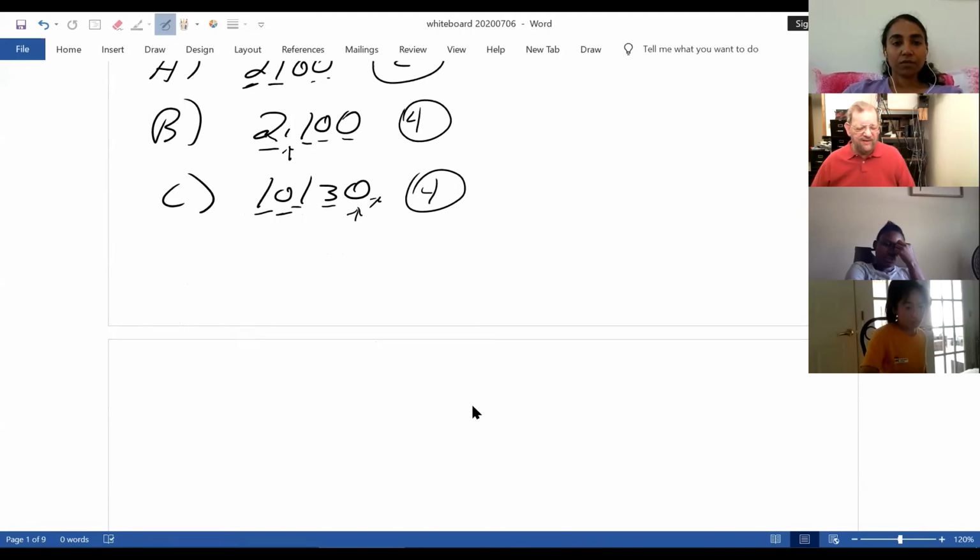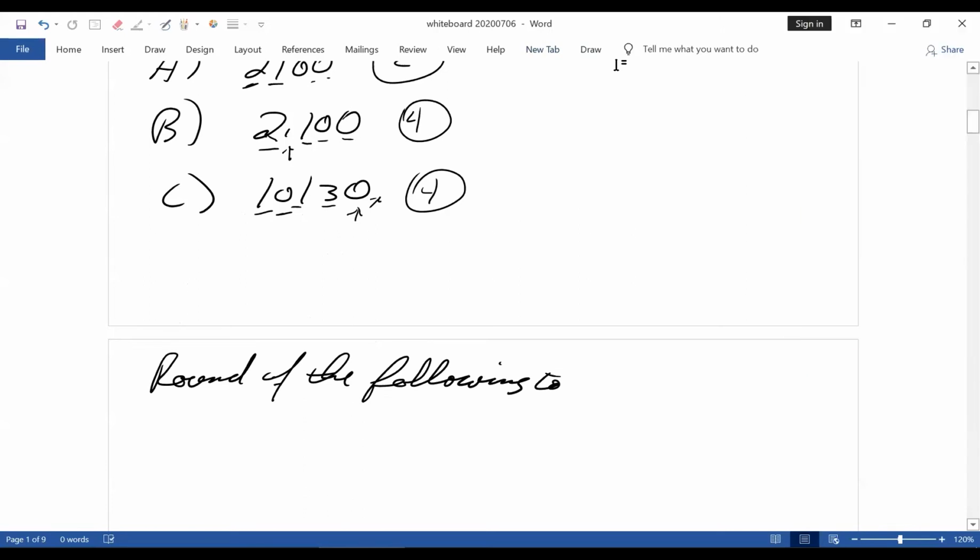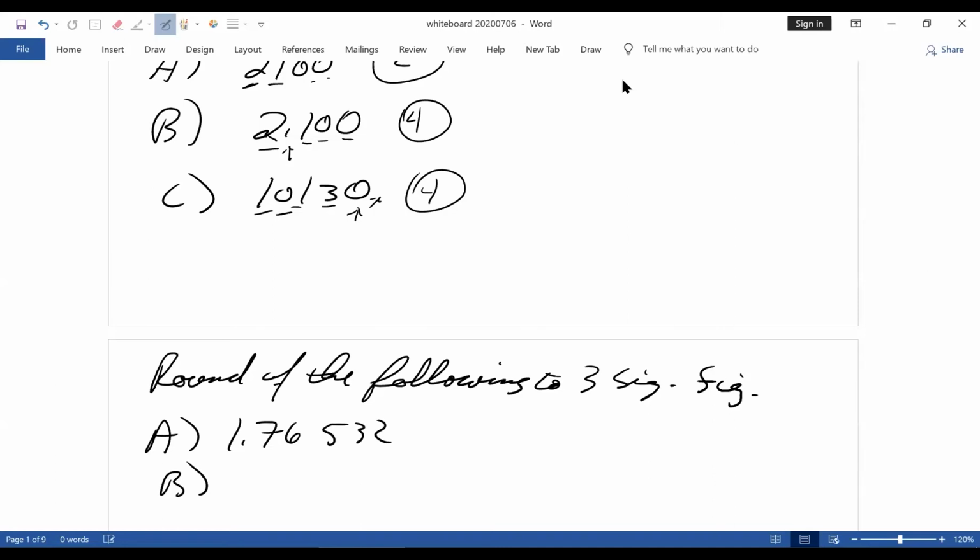Now, why don't you round off the following 2 numbers to 3 significant figures?